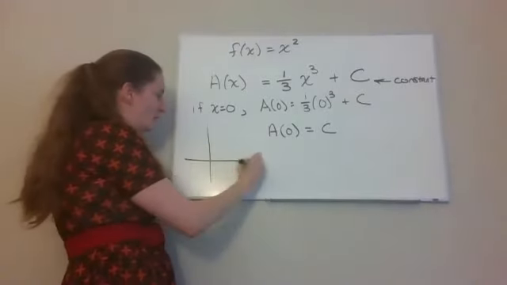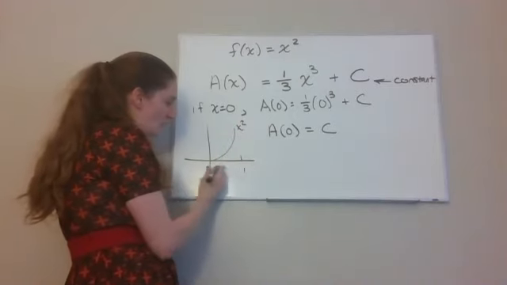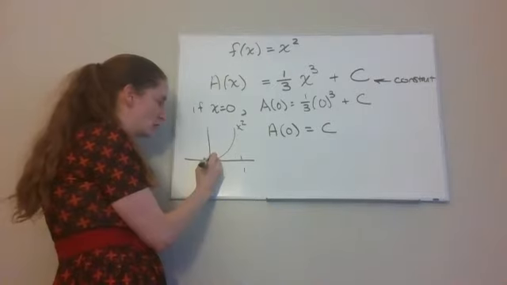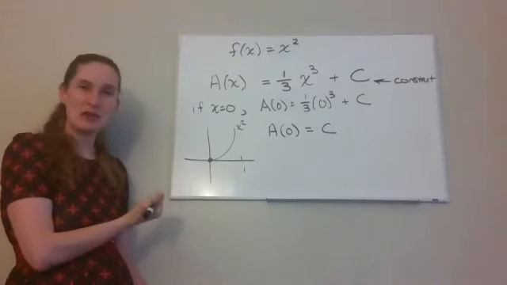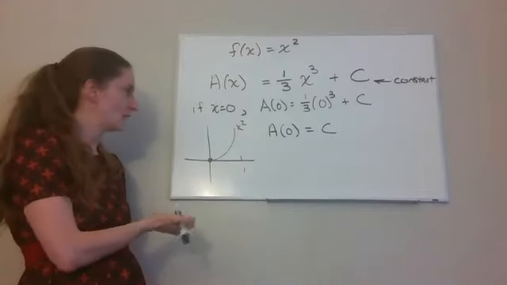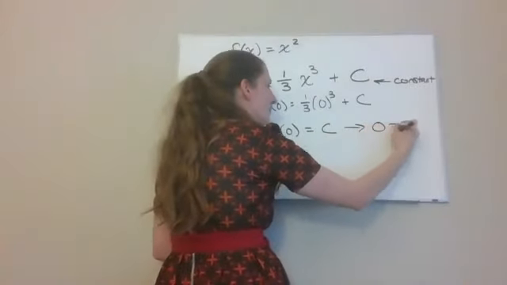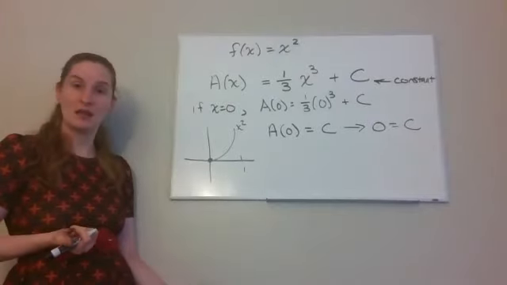We're talking about, if this were my function graphed here, my x squared from 0 to 1, the area from 0 to 0, just that point. What do you think the area of a point is? Well, it makes sense to say that's 0. So since A of 0 is the area of a point, our particular constant for this problem is 0.